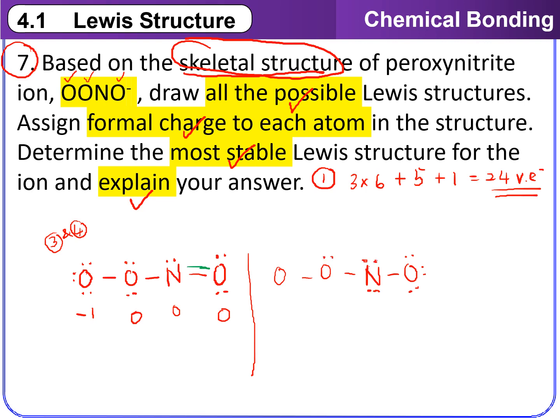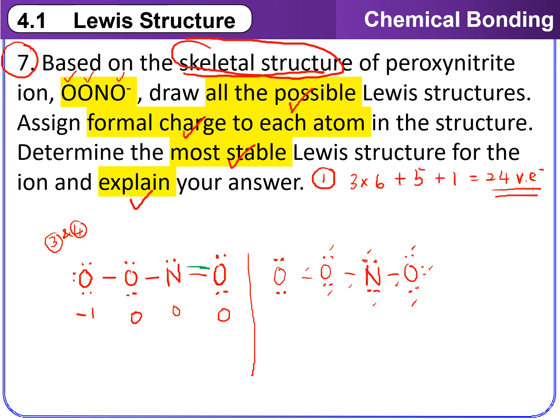This one also needs another 2 lone pairs. And then here, since the electrons already have 2, 4, 6, 8, 10, 12, 14, 16, 18, 20, it means that we still have another 4 electrons. So have 2 lone pairs here.